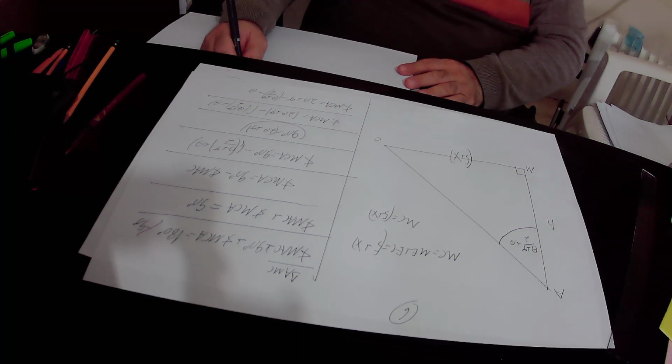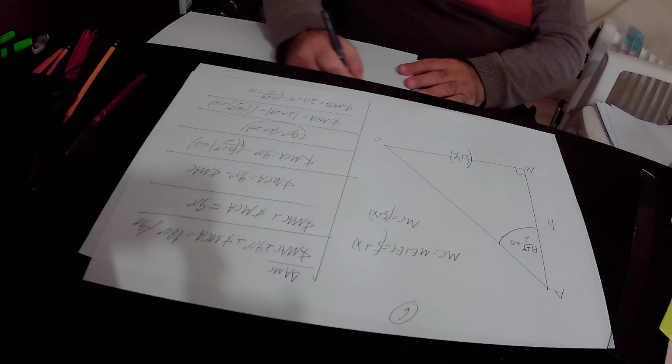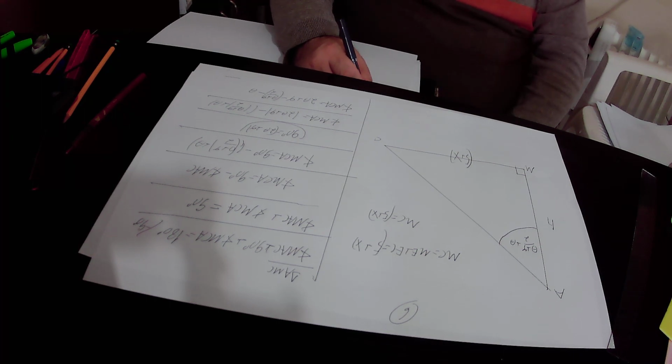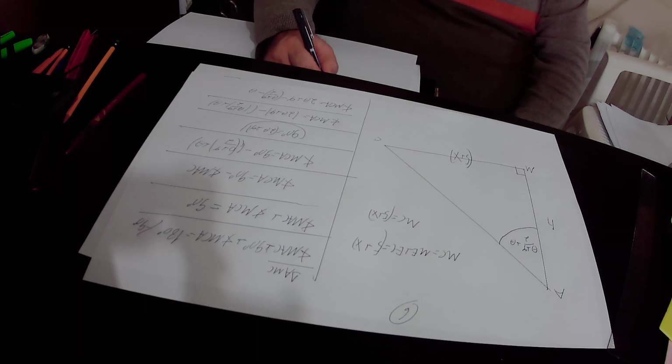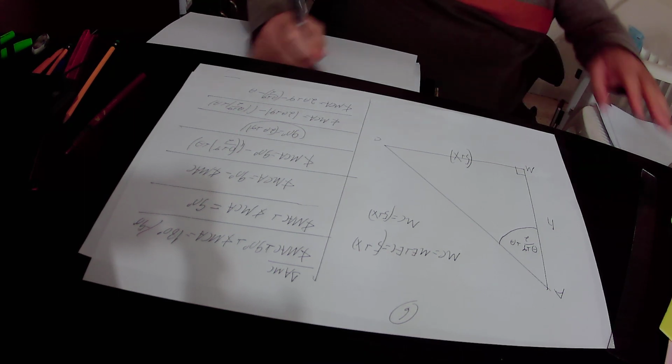So we get that angle MCA equals theta plus alpha minus theta plus alpha over 2.